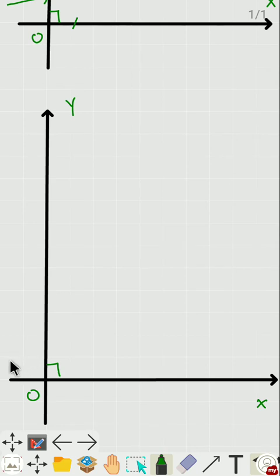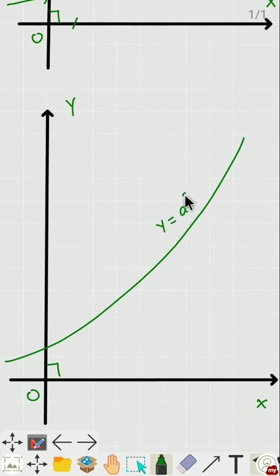The graph looks the same as that of e raised to the power x. This is the graph of the function y equal to a raised to the power x, where a is greater than 0.